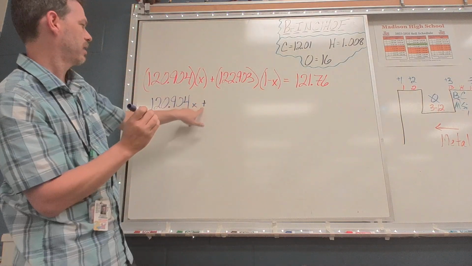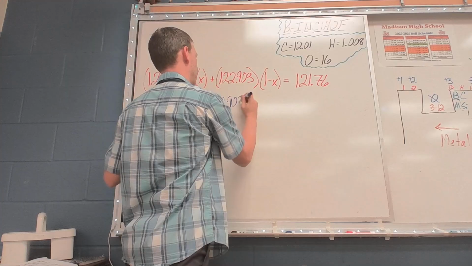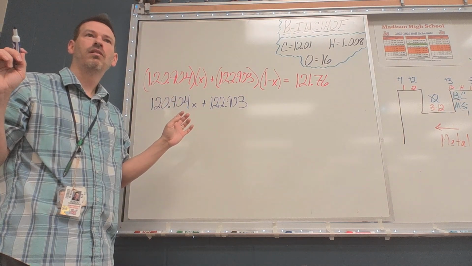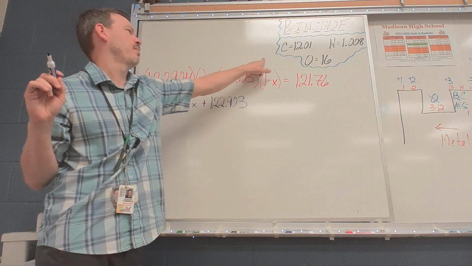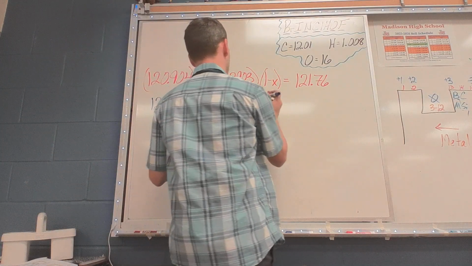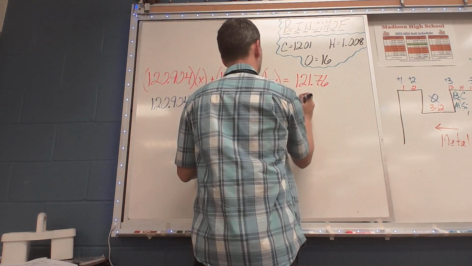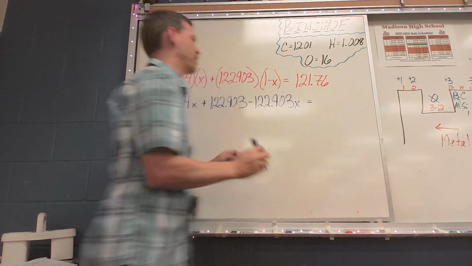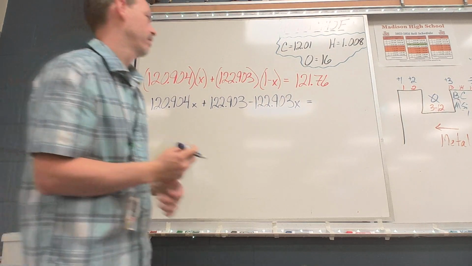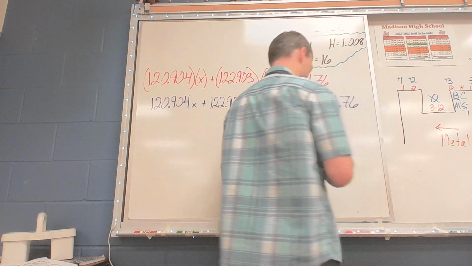So there's the plus, and then that value times 1 is itself. But then distribute it to the x. Look at that minus sign. It grabs onto that x. Bring down my value.